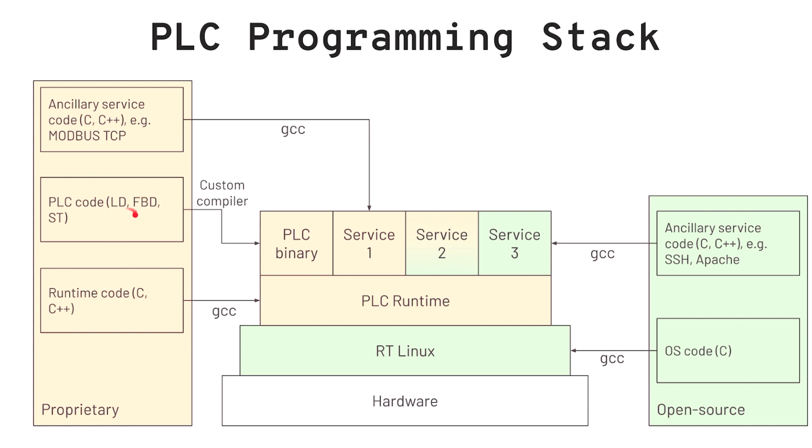How is the PLC code converted to the binary? There could also be services that are proprietary and more vendor generated. For example, Modbus TCP, or other industry-specific communication protocols, could be implemented by the vendor themselves and not just ported from open source repositories.